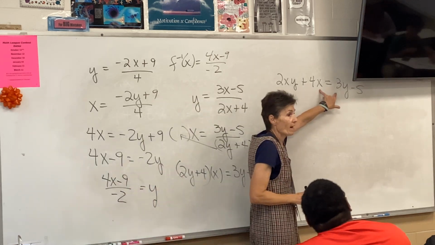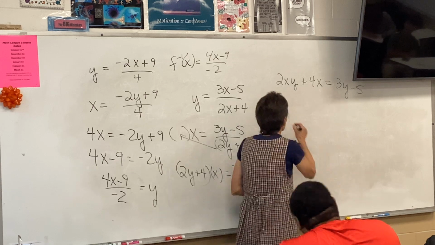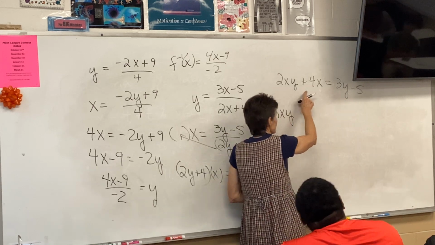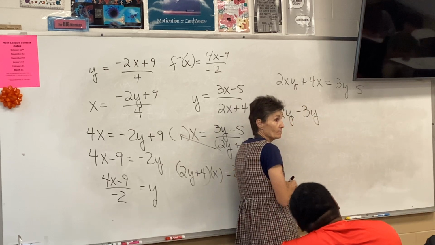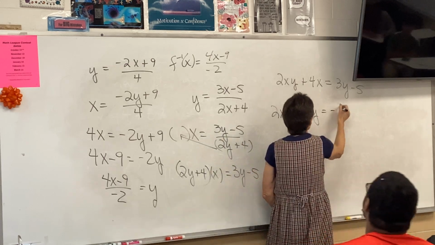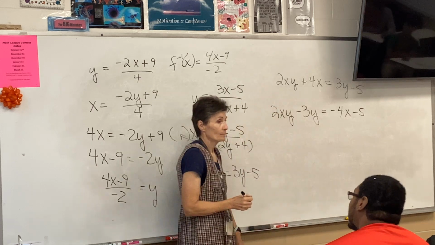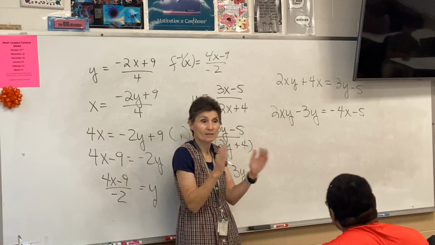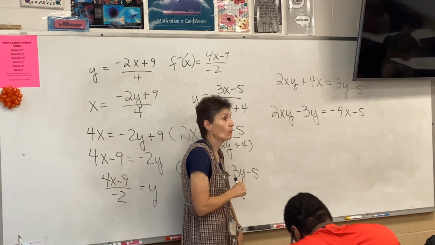These two have to change places. Now, when you bring this over to this side, it's going to become negative, right? And when you bring this over to this side, it too is going to become negative. When you move stuff from side to side, it's like adding to both sides or subtracting, right? You change sign.